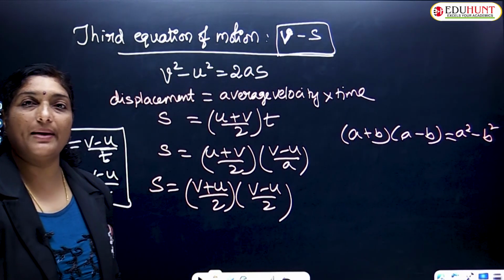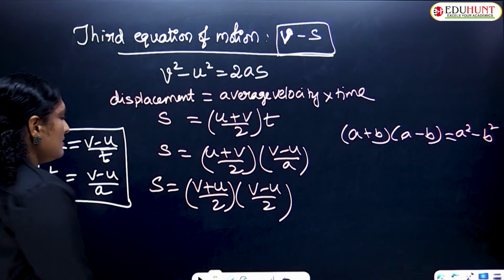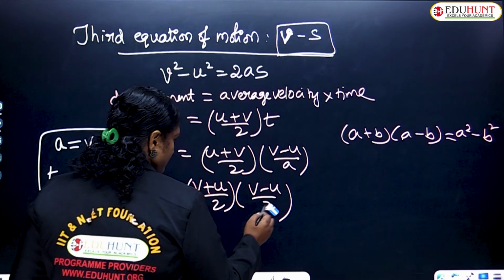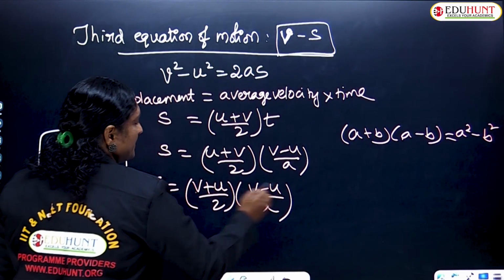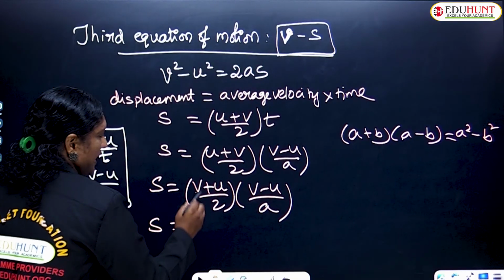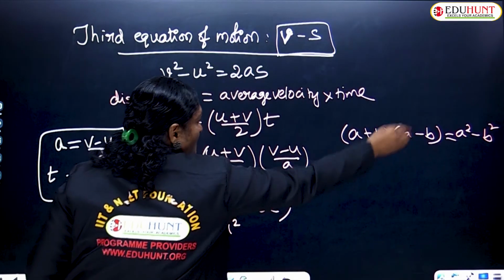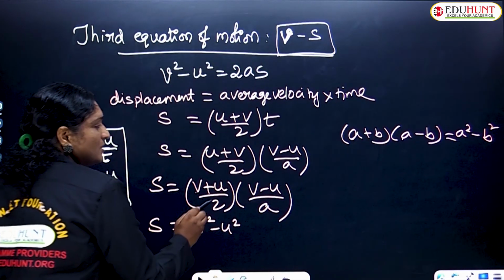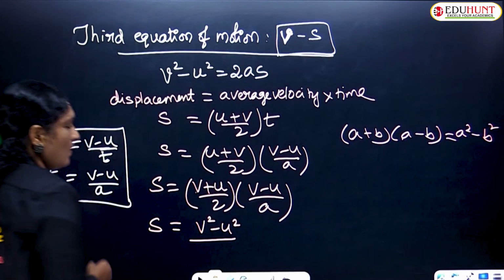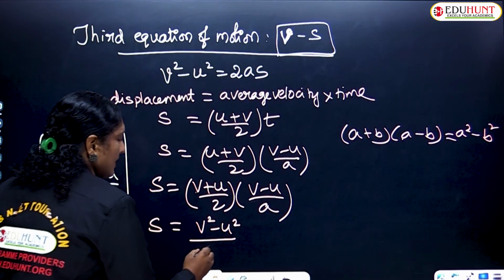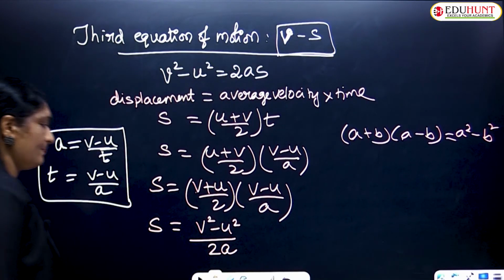So here also, v plus u into v minus u can be written as v square minus u square, whole upon 2 into a, which can be written as 2a.